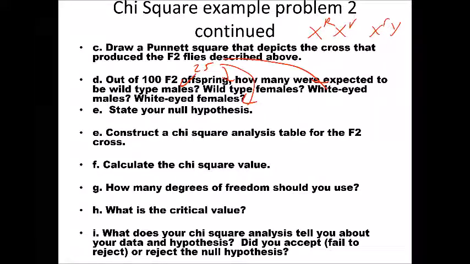All right, and what we want to do now is compare what we expected to what we actually got when this breeding took place. And that's our null hypothesis. Remember, null means no or none, and your null hypothesis is always going to be that there's no difference between your two groups.